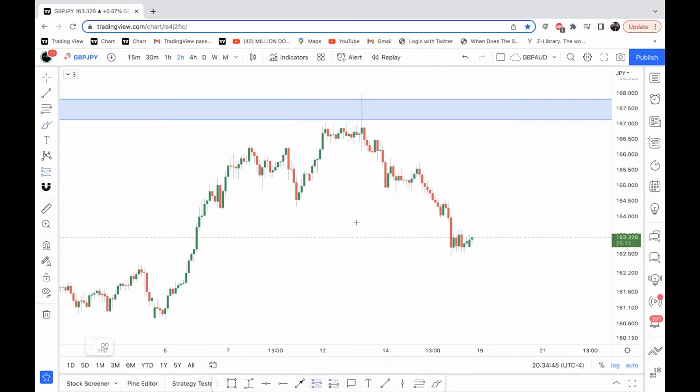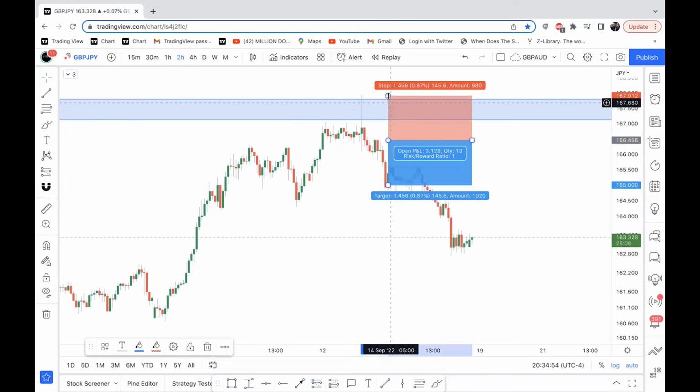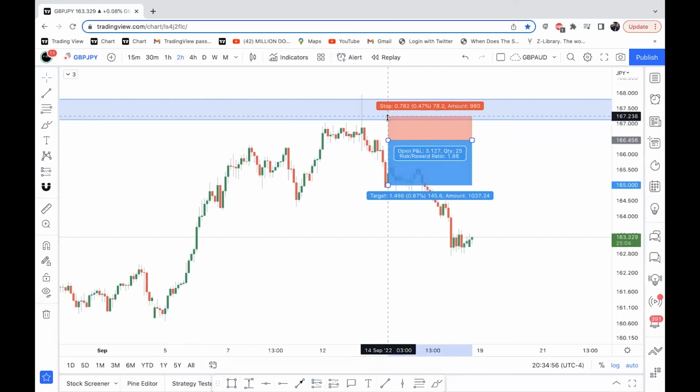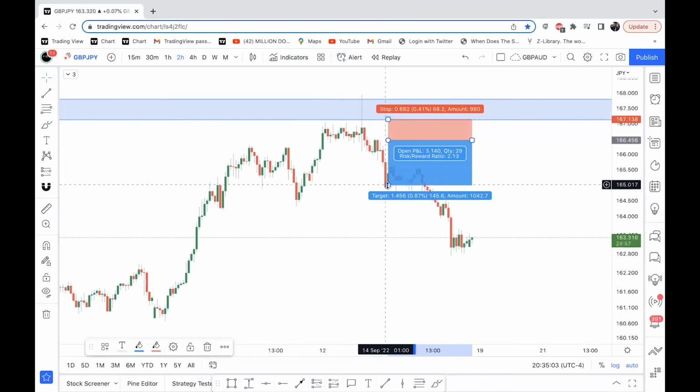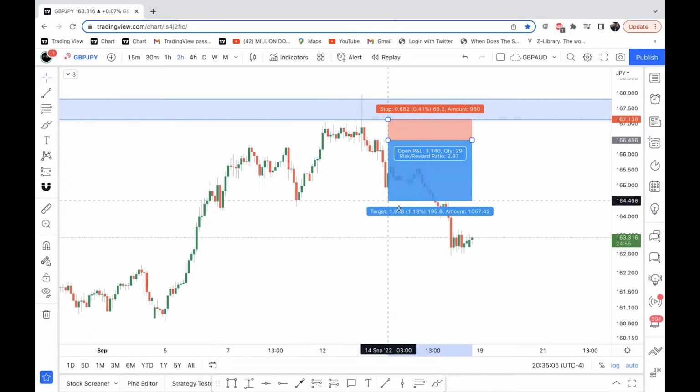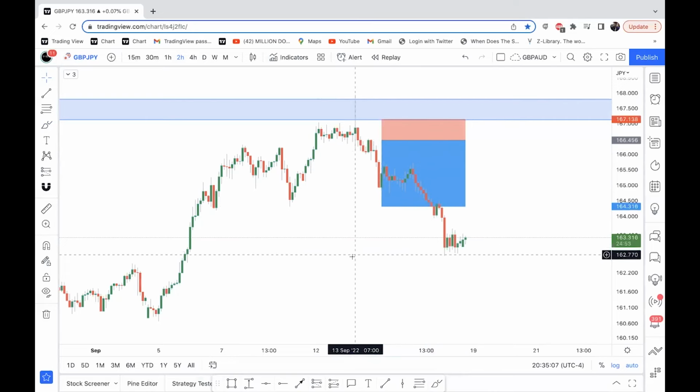Being that this is at a major level of supply, when I see this type of price action, I like to start looking for my breakdown. And with that being the bearish engulfing candle, I would have liked to have it above the bearish engulfing, like right here. And then you look to the left to identify where price is likely to go.